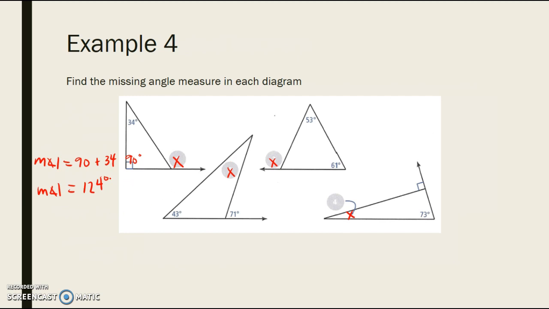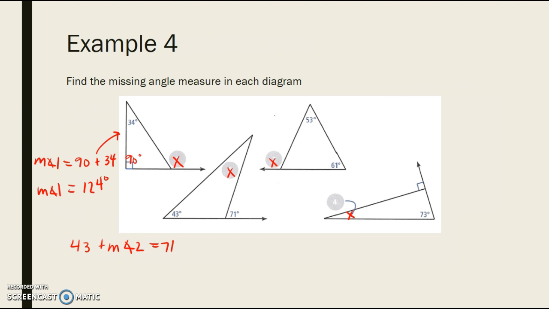So our measure of angle 1 equals 124 degrees. And again, that's just taking the two remote interior angles, the ones that are not next to our exterior angle, and adding them together. So now to find our measure of angle 2, so that one goes with this triangle, I know that measure of angle 2 is one of my remote interiors. So I would have 43 plus our measure of angle 2 equals the 71 degrees.